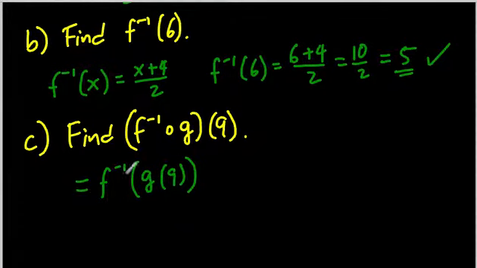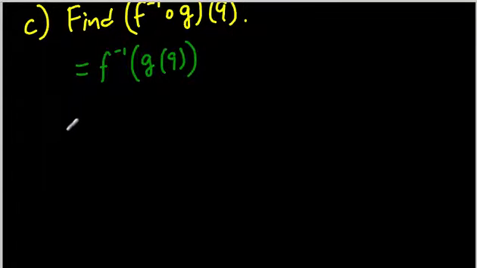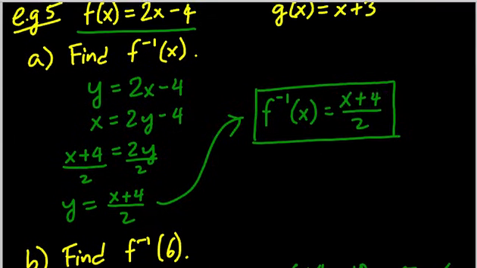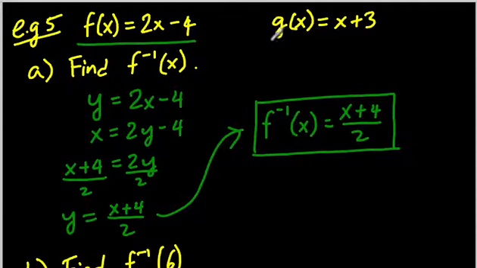All right? If you remember when we did composition of functions, first we have to figure out what's on the inside and then go to the outside. So the first thing we have to do is figure out what is g of 9. Let's look at what g of x is. I've forgotten what g of x is, but let's go right to the very top, and there we have it. g of x is equal to x plus 3.